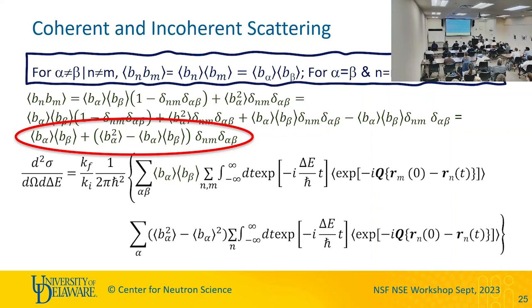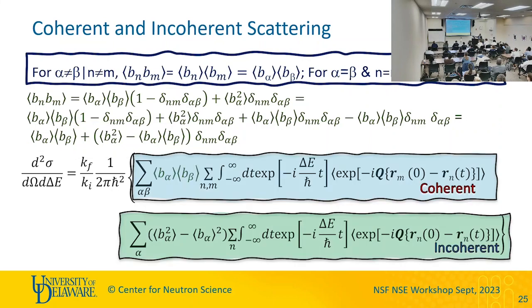It relates to the different position of the same atom at different times. That's where the n is the same as you were saying before. So we call this the coherent term and the incoherent term of your system. The coherent term relates to different positions. The incoherent term is the same atom at two different times.